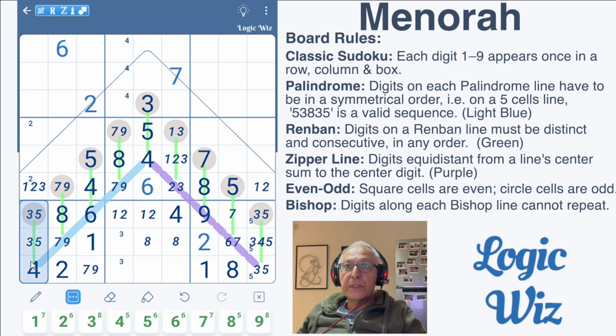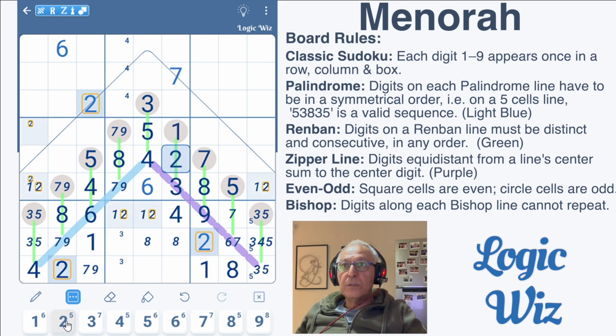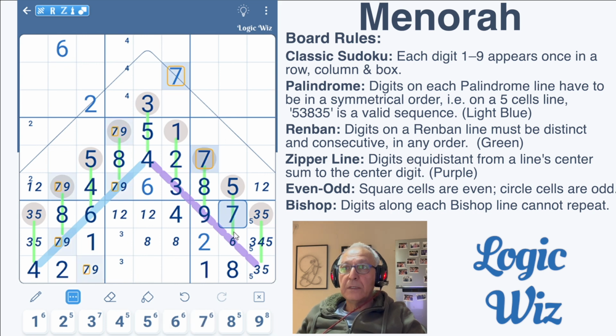And here we have 3, 4, 5. 3 can no longer be here. So we have here a pair of 1 and 2. This one must be a 3. This is a 1. And this is a 2. Now we have 7 and a 6.